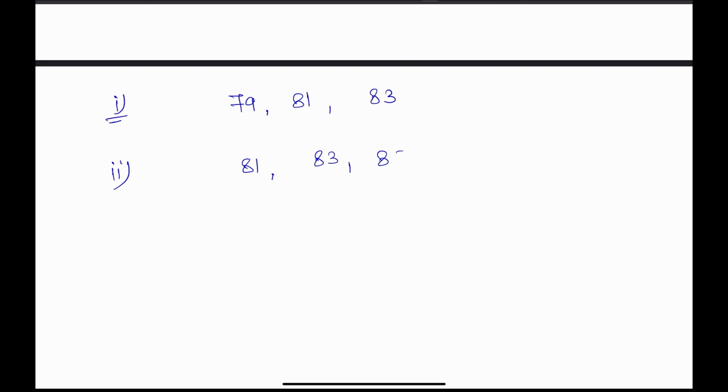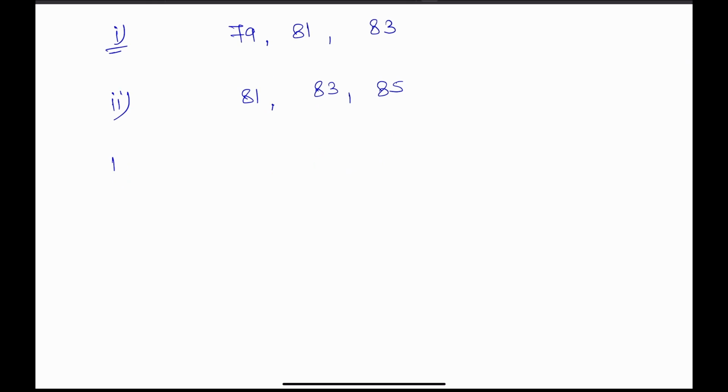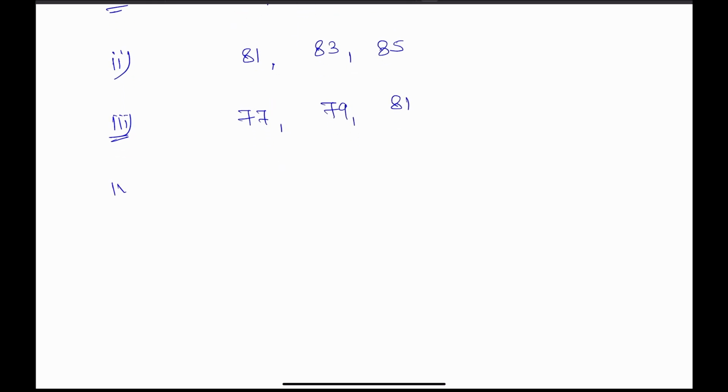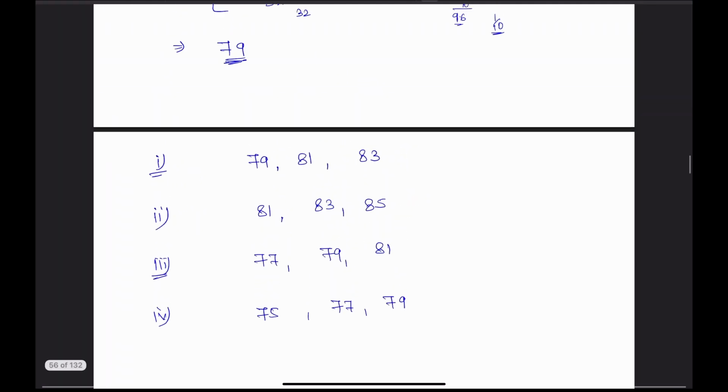Sorry, someone said that no, it might be less also: 77, 79, 81. Someone will say okay, no, it's less. So at max I have written this much possibility, but we don't have to do this much, as now we will try to understand and try to eliminate.